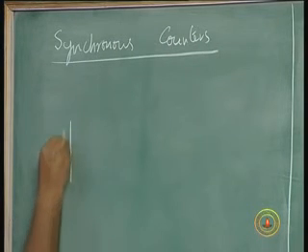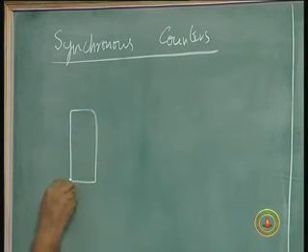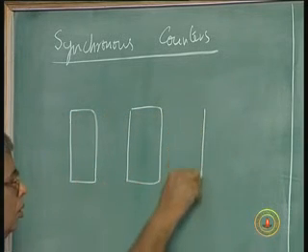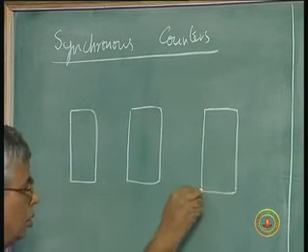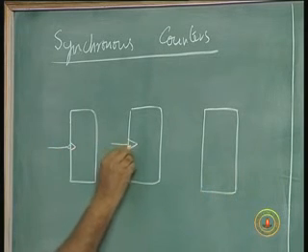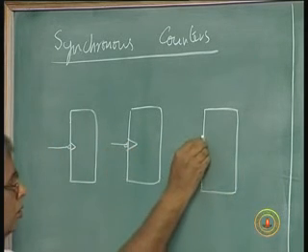So let us take a 3-bit counter to start with, easy to handle in a classroom. I can have the same negative edge triggered or master slave configuration as we heard earlier.